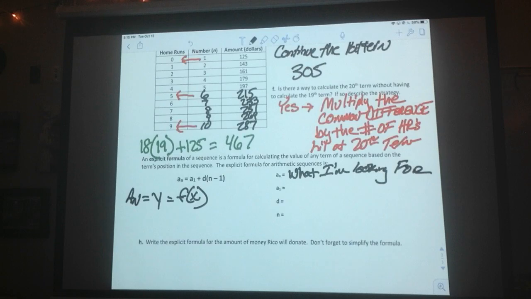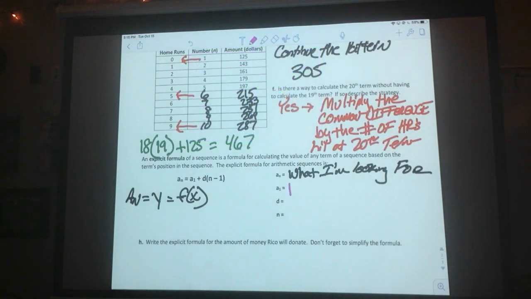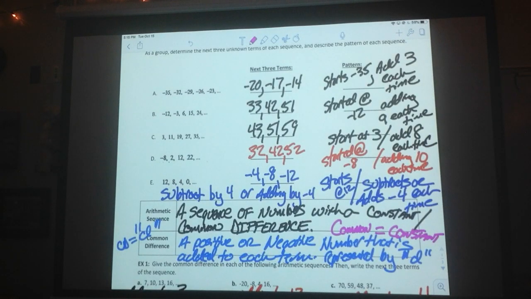A of 1. Well, A of 1 is my first term in the sequence. Remember at the beginning when we looked all the way up here, I said the first term in the sequence was going to come back and be important?